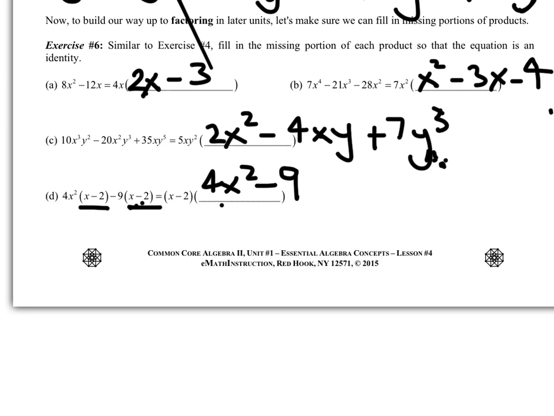I did all caps. I did too. All right. CCA2, then a space, and then unit U1. Okay.